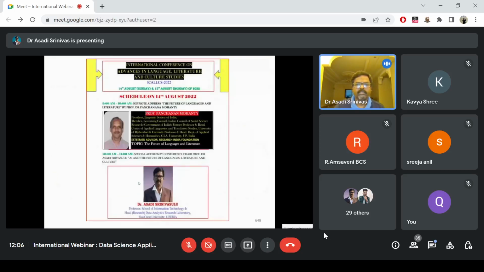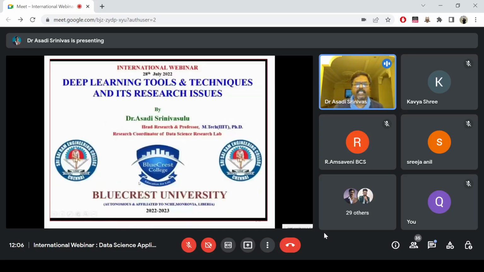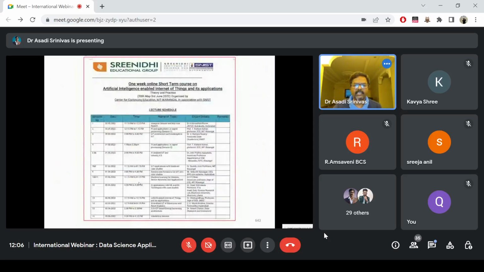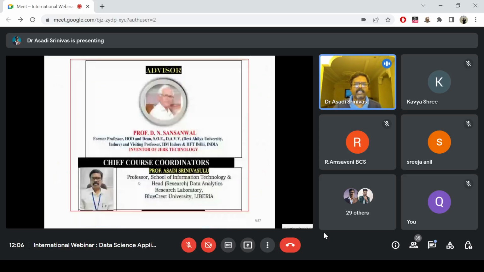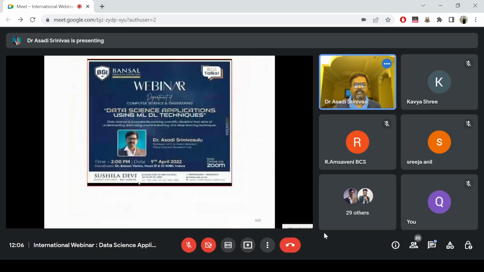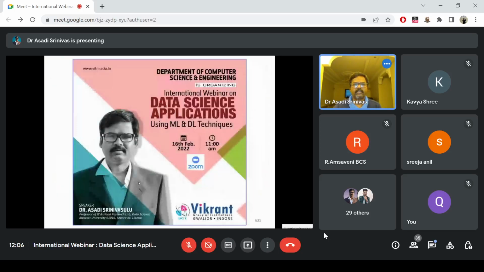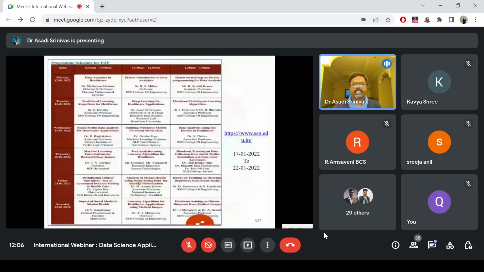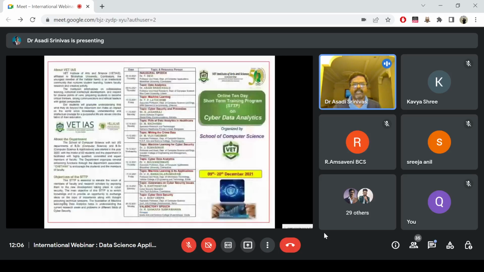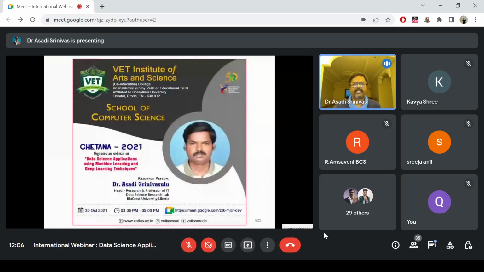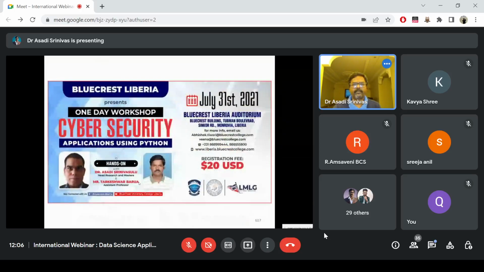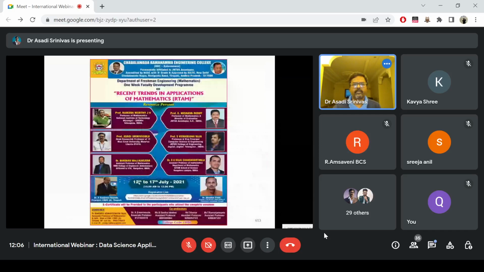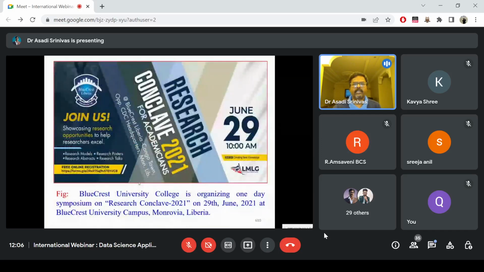These are the various workshops I have conducted. It is at Kerala, Srinidhi, Rathinam, various seminars and symposiums I have conducted. Please see here. Yale University.